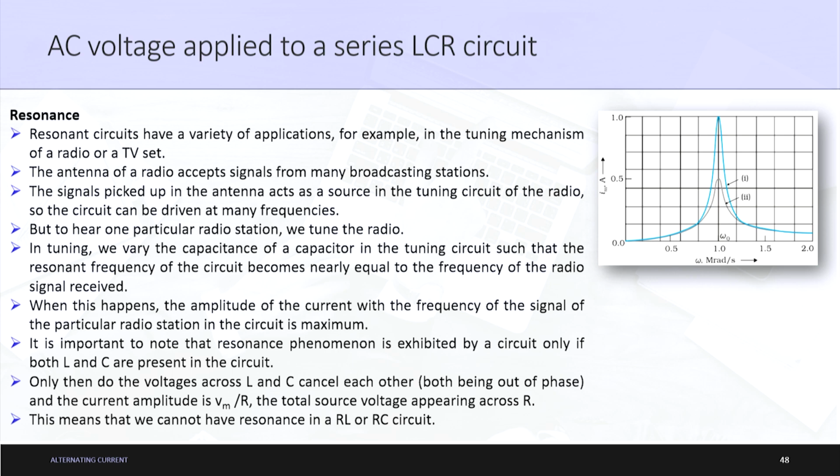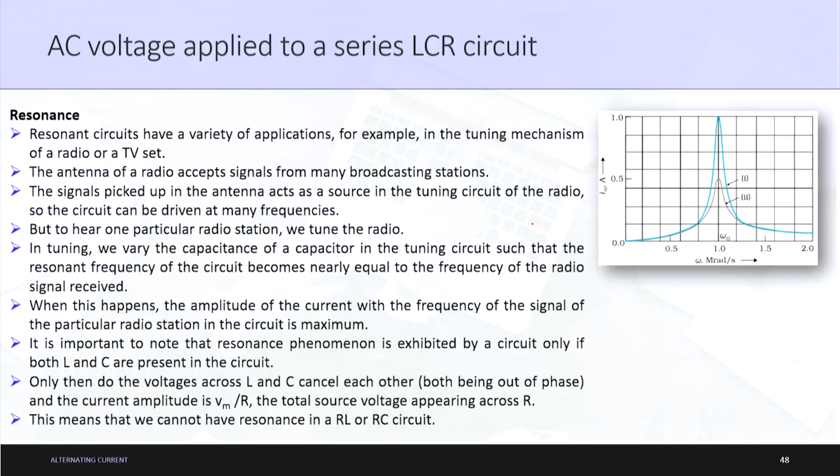Now we can understand some examples or applications of resonance. Till now, we understood that there is a resonant frequency, denoted by omega naught, and when the driving frequency is close to or equal to the natural frequency, the resonance phenomenon occurs, and the current amplitude obtained is maximum.